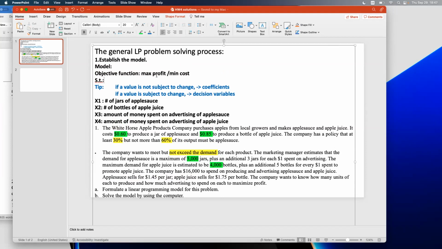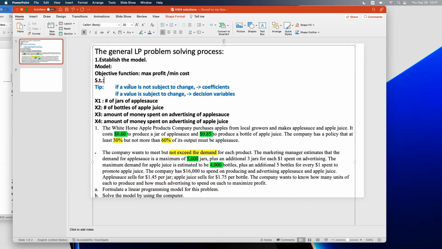So starting from the objective function, in the operations management field we can get 2 types: either maximize the profit or minimize the cost. This problem asks about maximize the profit.